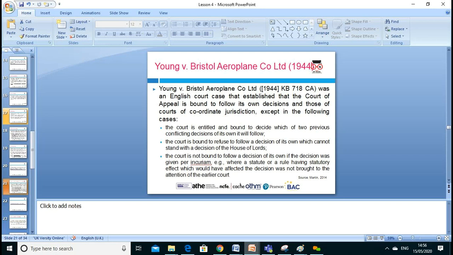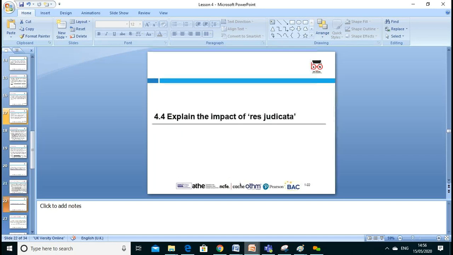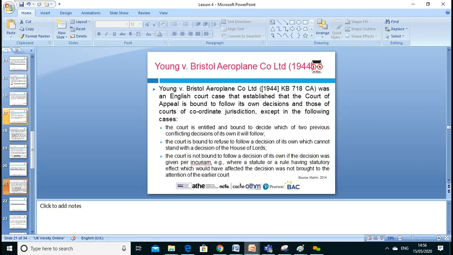The court is not bound to follow a decision of its own if it was given per incuriam, that is, without the attention of the earlier court being brought to the relevant law. Okay, that's the key point in this case. Anybody any question, please?